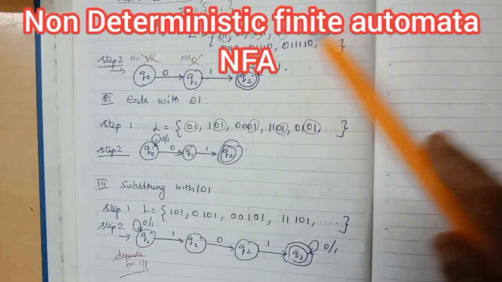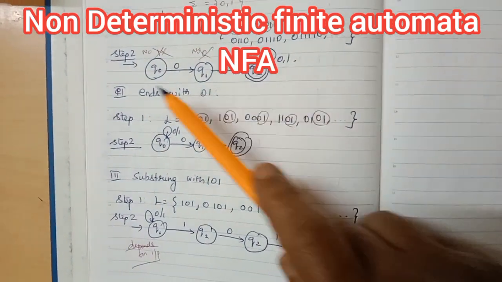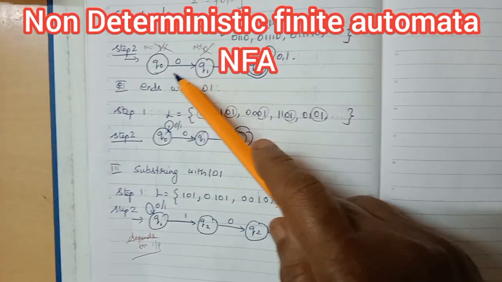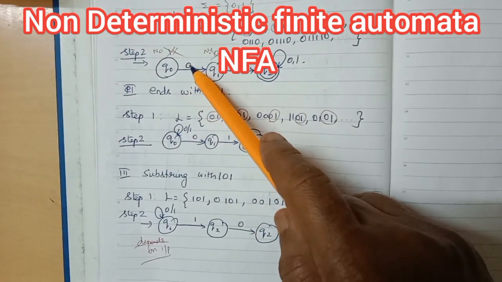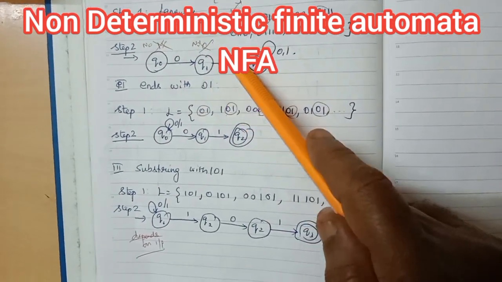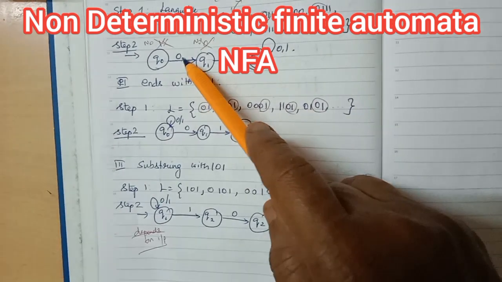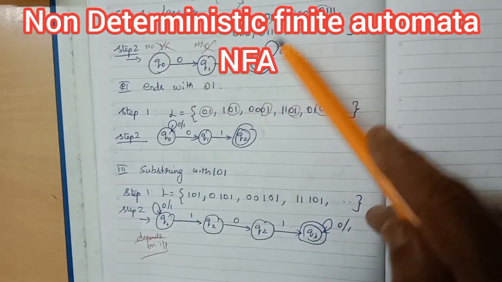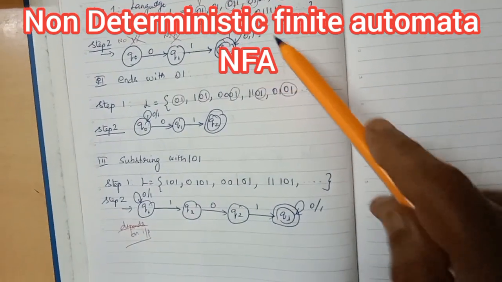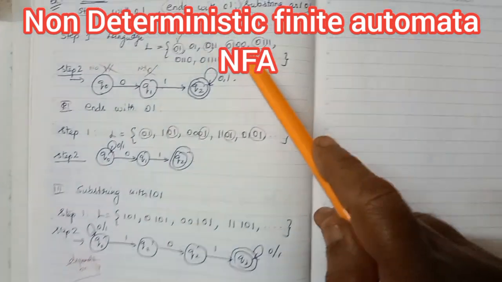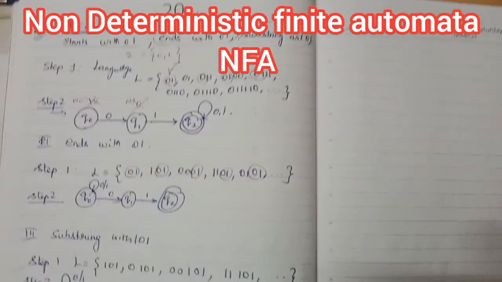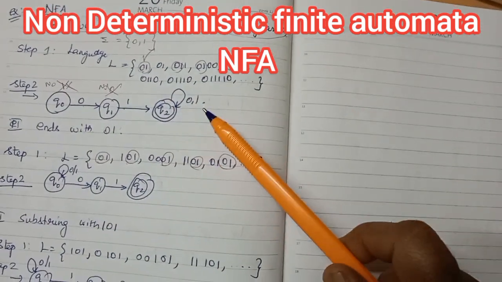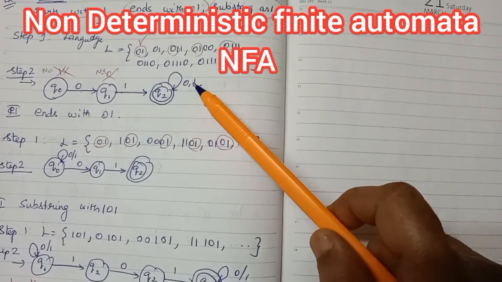This is the beginning machine, so every time this is the entry point. It gets input 0, moves to the next state, gets input 1, moves to the next state. So 0 and 1 is constant. What comes after these two letters? From the third position onward, we can have 0 or 1, either one.